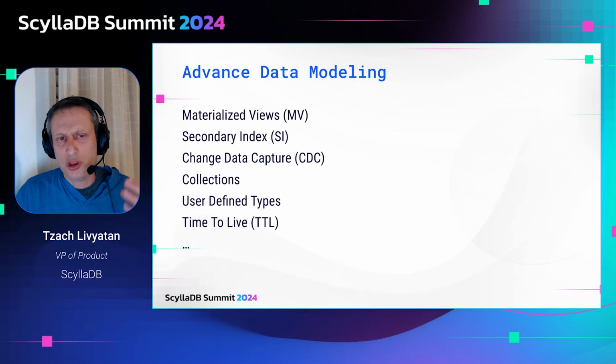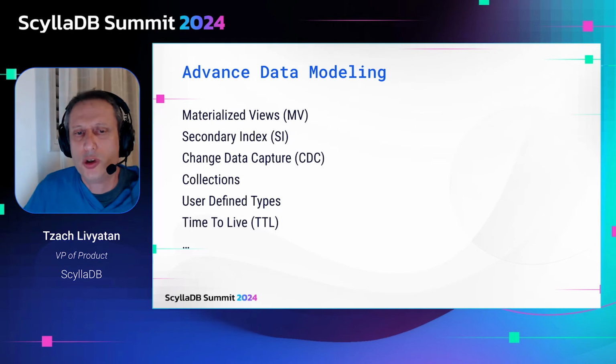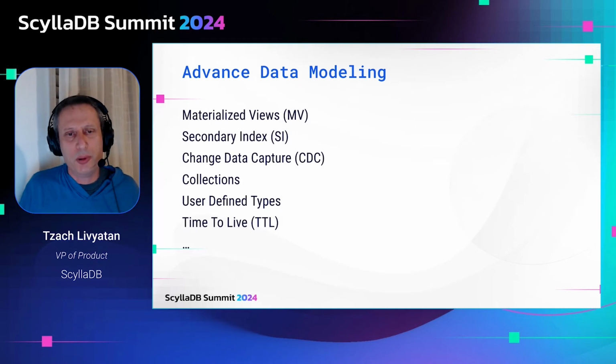I do want to mention, just so you know they exist in Scylla, a few other options for advanced data modeling. A few of them are materialized views, which I will demonstrate in a second, and secondary indexes. Change data capture is a very cool feature that allows you to track updates to the database and feed them to other microservices or Kafka or Redpanda or whatnot. There are also collections and collections of collections, user-defined types, and time to live.